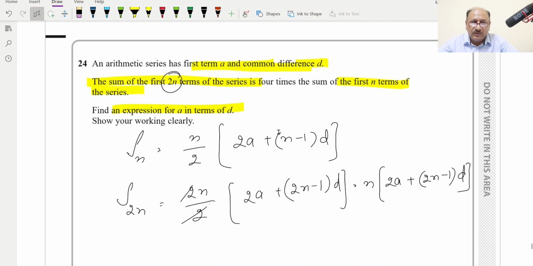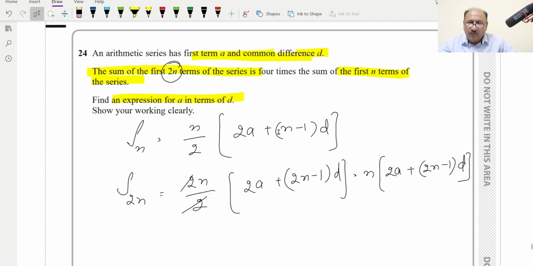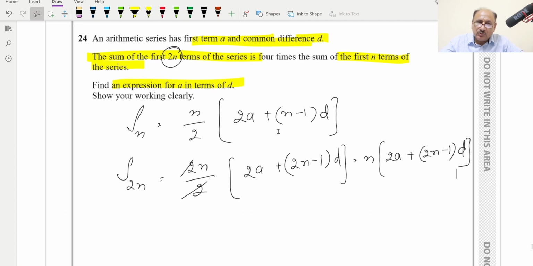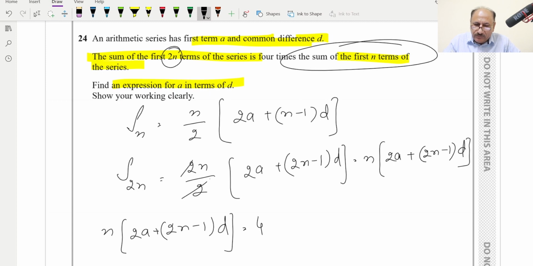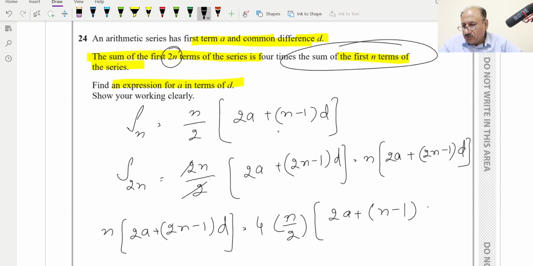And now they are saying 4 times the sum of the first n terms. So by the condition of the question, we will write n into 2a plus 2n minus 1 into d is equal to 4 times Sn, so 4 into n by 2 into 2a plus n minus 1 into d.